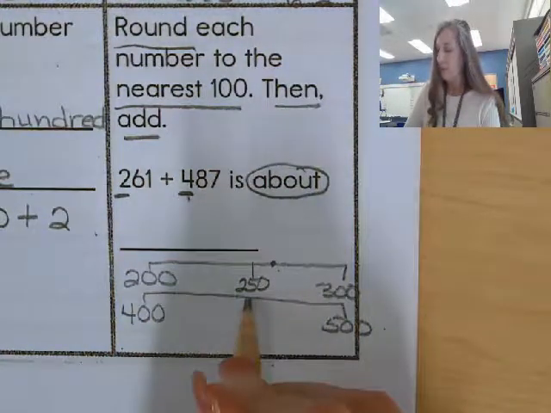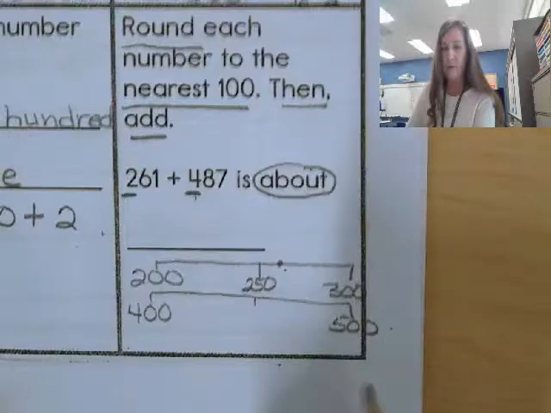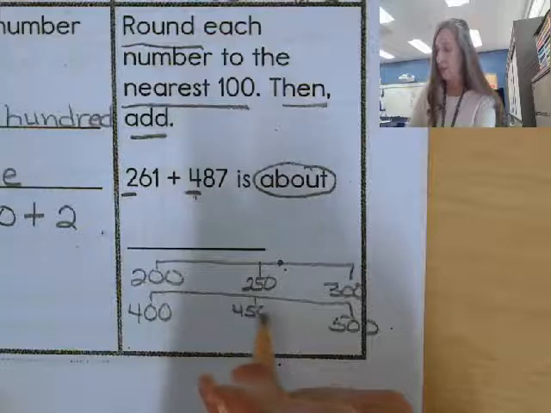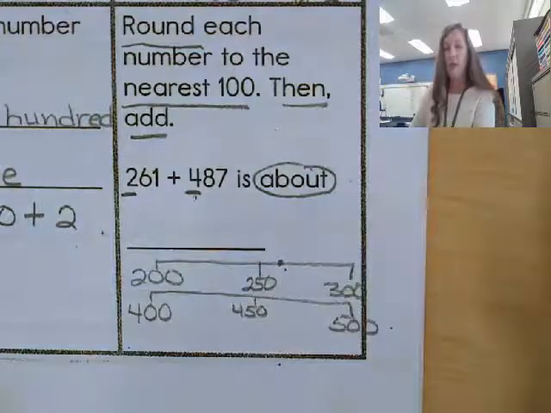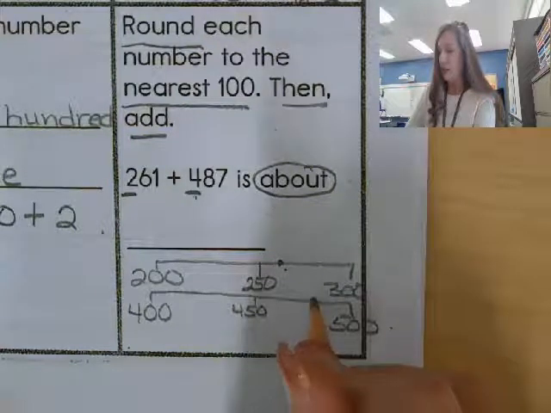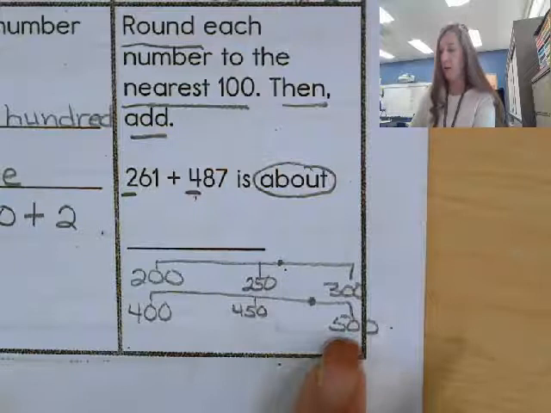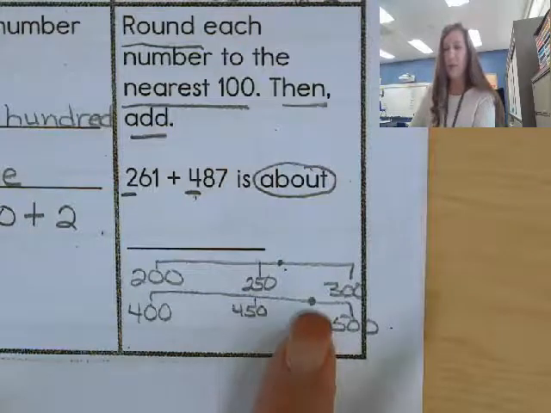Remember, what's in the middle? Right, in between your hundreds is 50. So when I think about where 487 is going to be, it's going to be a little bit further to the right of 450, maybe right about there. We're just estimating, right?